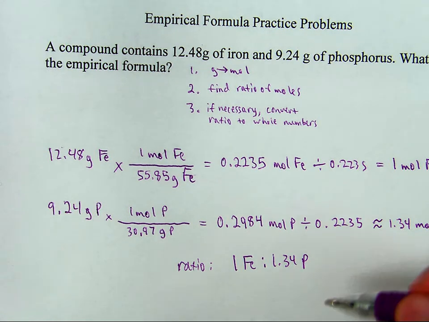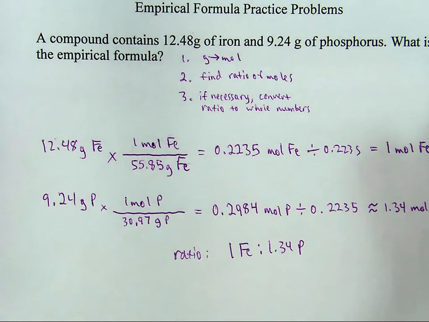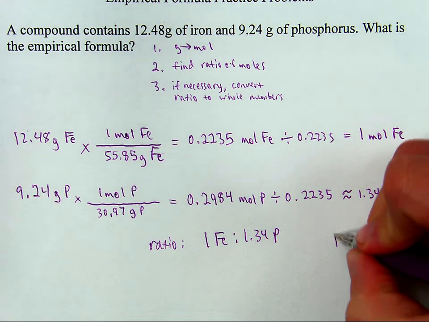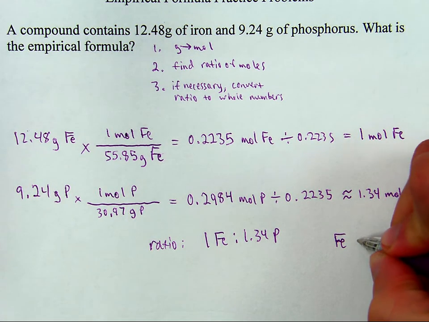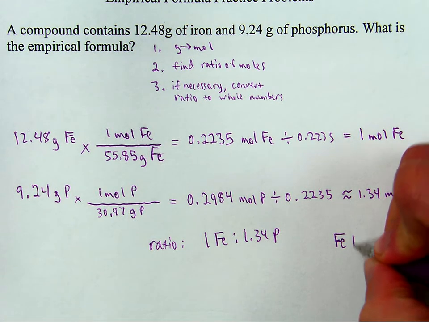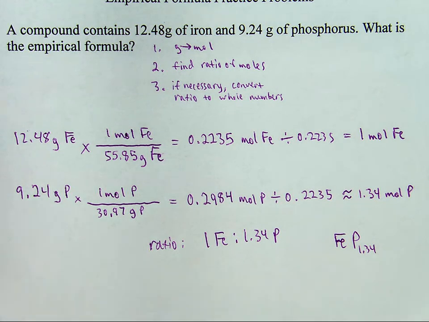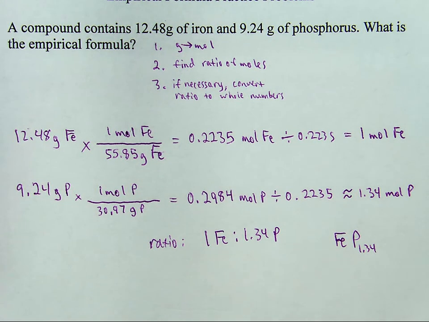Now, if you were to take this and write it as a formula, just taking it literally as it is, you would have a formula of 1 iron and phosphorus 1.34. Of course, you can't do that.